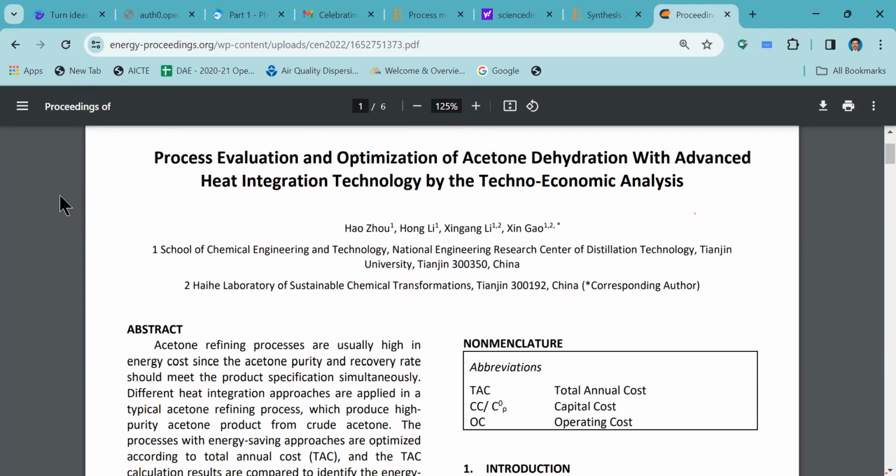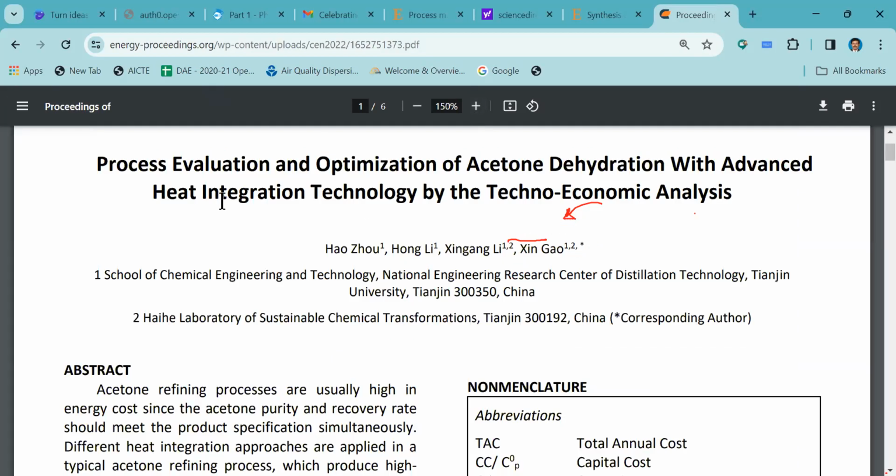Okay, if I try to see this particular author, Xin Gao, with 1, 2, and a small star given to his authorship as a superscript. You can see this.